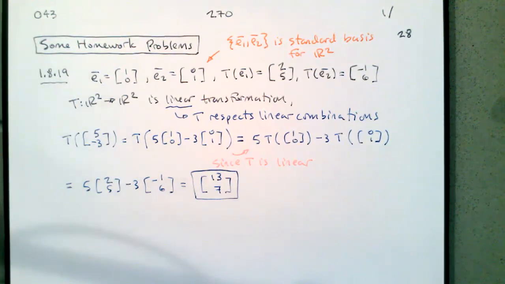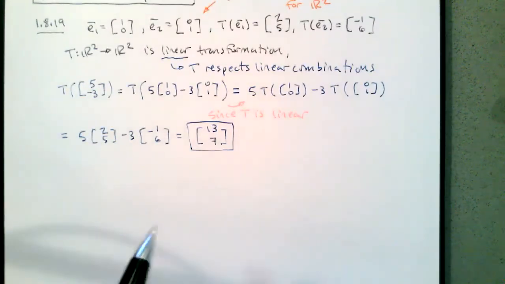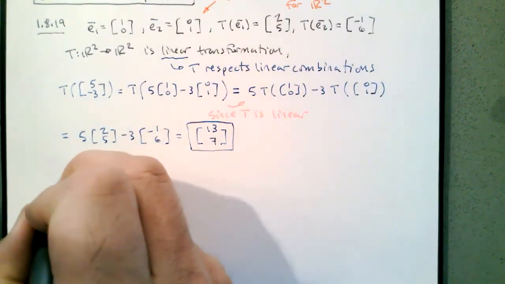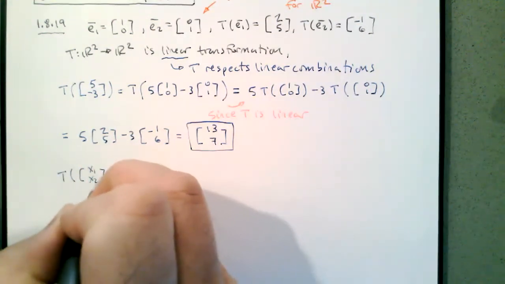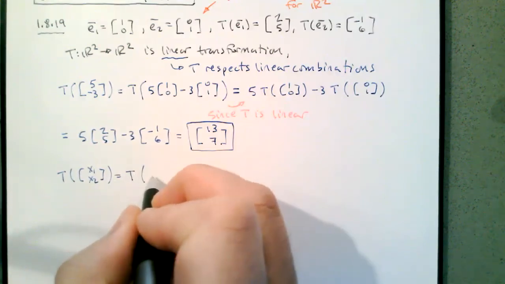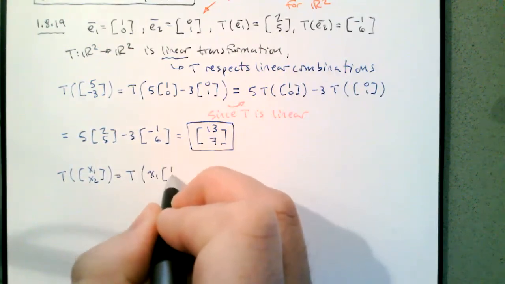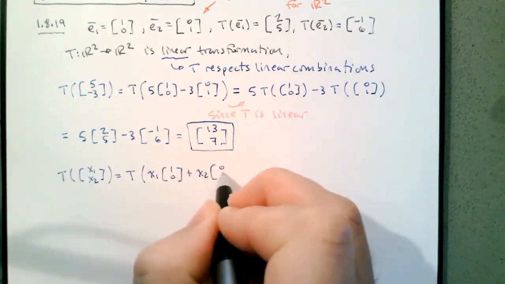So the first step in this problem is to find the image of a particular vector. And then the second part is to find the image of (x1, x2), some generic vector x in R2. If we want to find the image of (x1, x2), we do the same thing. Write (x1, x2) as a linear combination of our standard basis vectors. It's x1 times (1, 0) plus x2 times (0, 1).